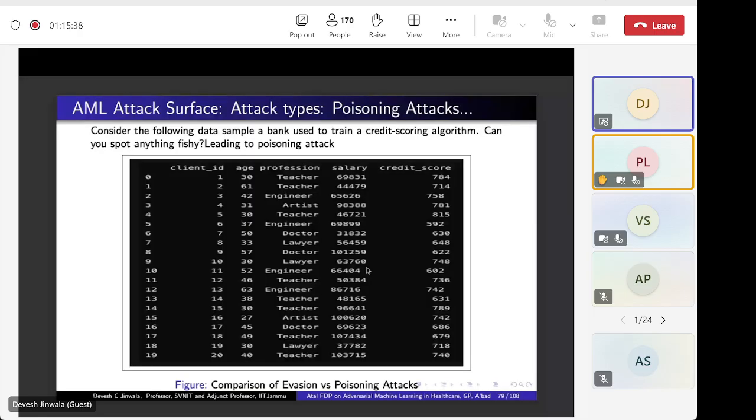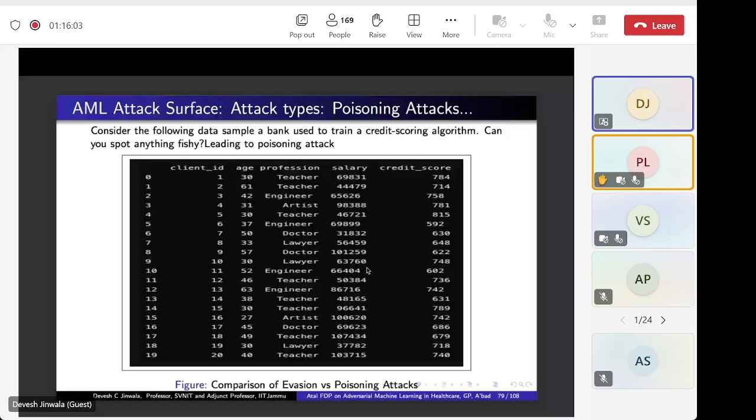Okay, this is a typical real attack which illustrates what a poisoning attack is. It's an exercise which I give to my students, a simple exercise to make them interested in learning more about these attacks. So it shows a simple sample bank application, a machine learning based credit scoring algorithm used in a bank.